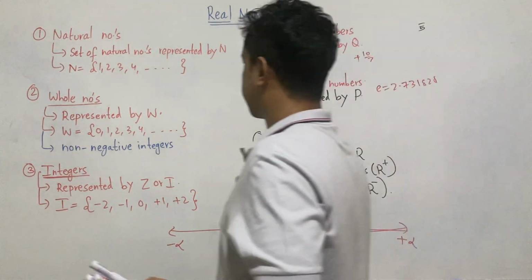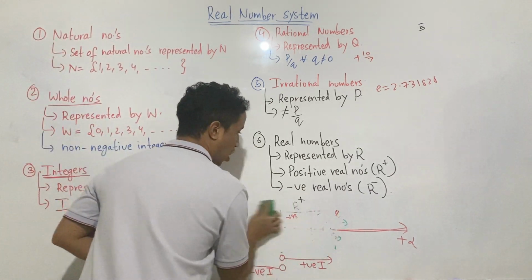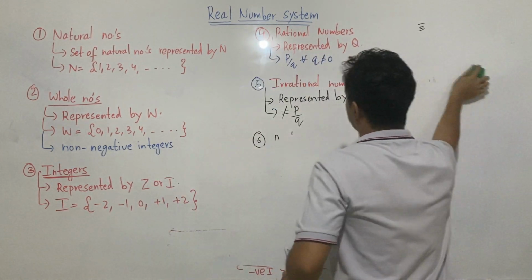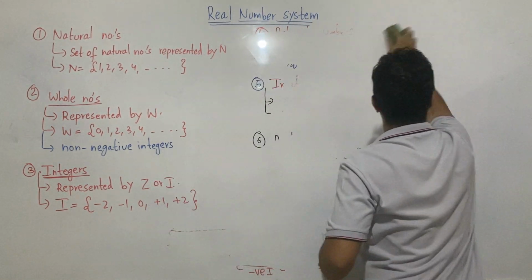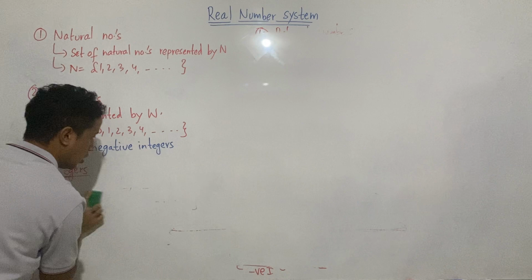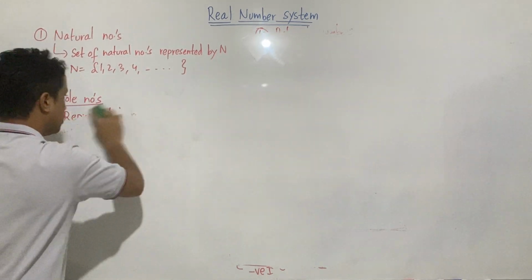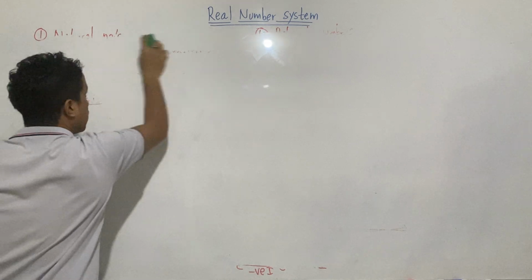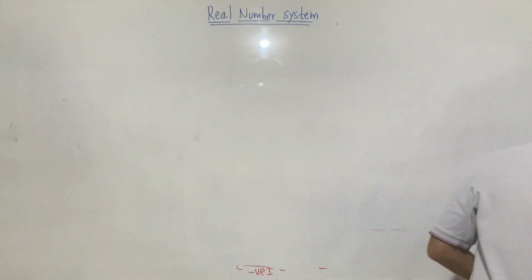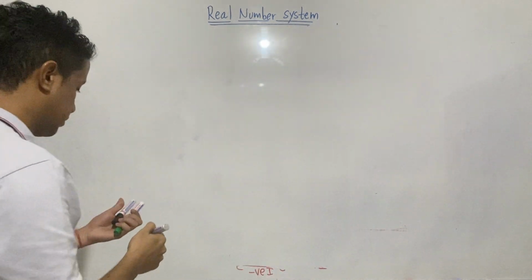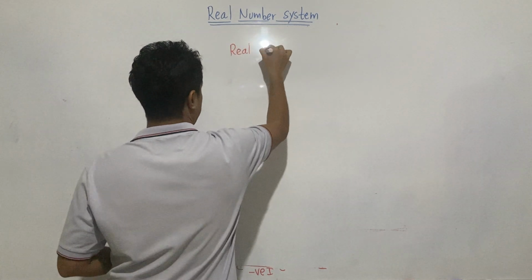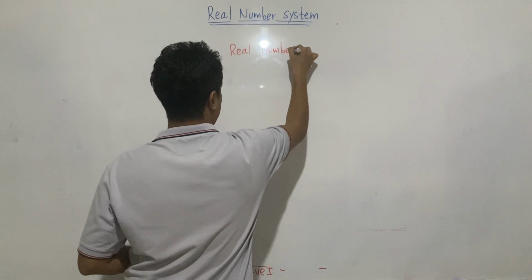We can also make a tree from this. Let's see how we can do that. Let's say that here on the top, I have real numbers.